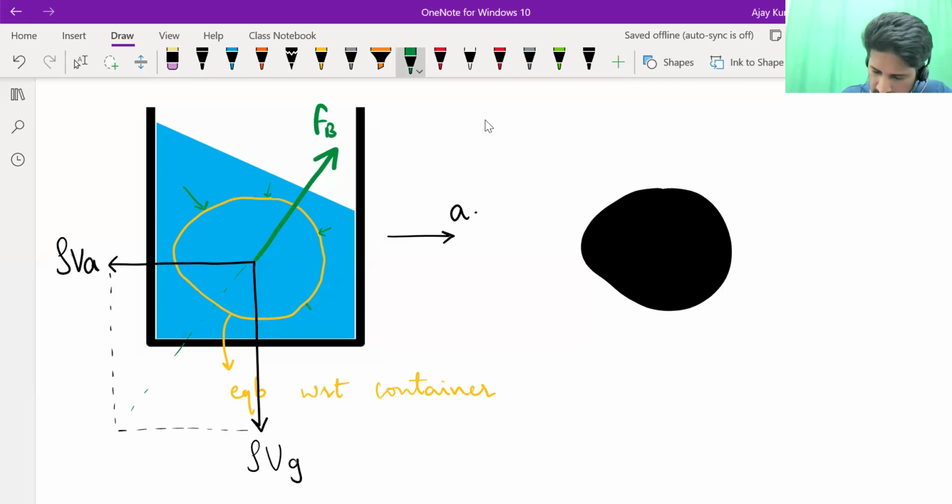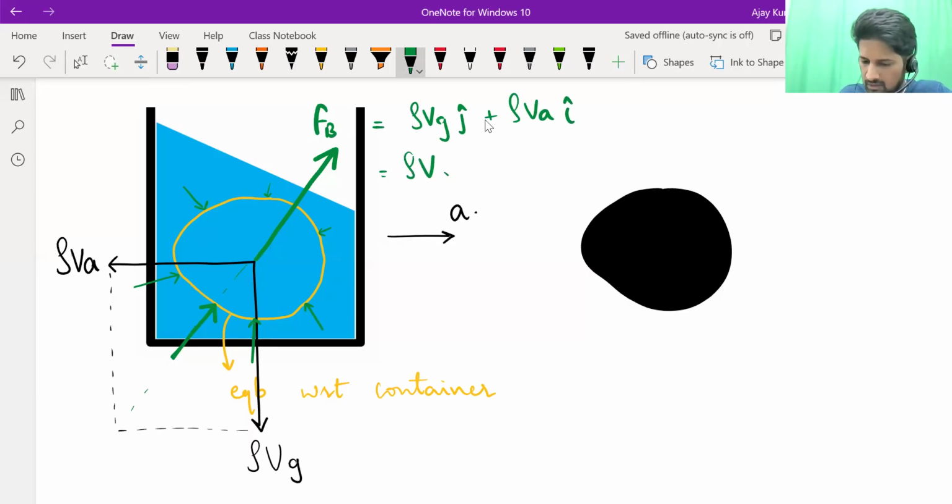They will increase as you move in the direction of pressure gradient. The resultant of all these small green vectors that I have drawn is the buoyant force that we have indicated. Buoyant force here, therefore, will be rho Vg j cap plus rho VA i cap. Or if you only want the magnitude, it will be rho V times the square root of A squared plus g squared in this direction.